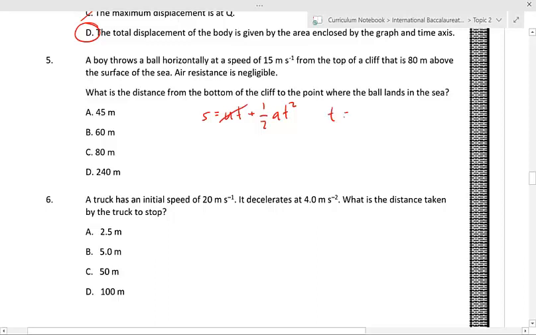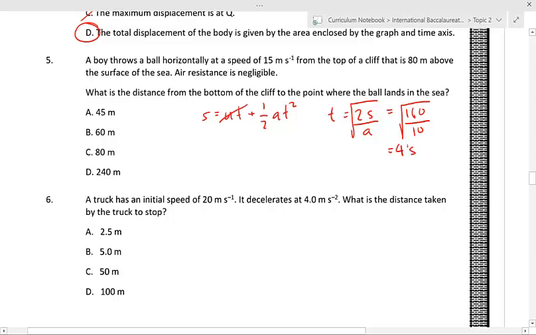So t is going to be equal to the square root of 2s over a. 2s is 160. That's the square root of 160 over g, acceleration, which is about 10. So that's the square root of 16, which is 4 seconds.